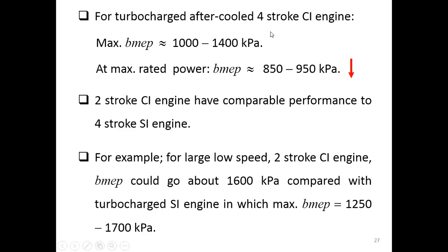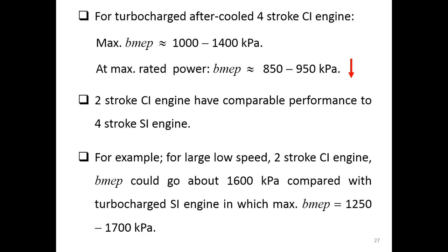All above here, we talk about the 4-stroke CI engine. For the 2-stroke CI engine, you can use approximately the same as the 4-stroke SI engine here, because it will have a comparable performance to the 4-stroke SI engine. Comparable performance means the same BMEP that I just mentioned.